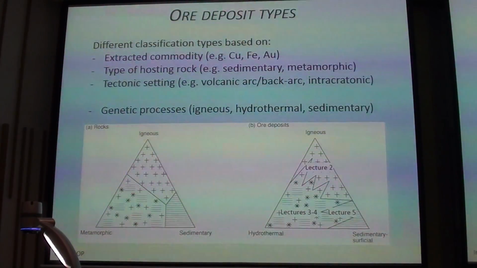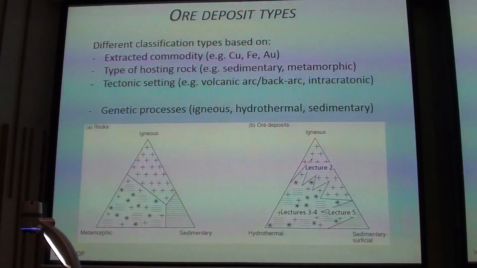Ore deposit types have also been grouped into different categories, depending on, for instance, what commodity is extracted from them, whether it's copper, iron, or gold; the type of hosting rock, whether it's metamorphic rock or sedimentary rock; or the tectonic settings, whether the deposits occur in arcs, back arcs, or intraplate settings.